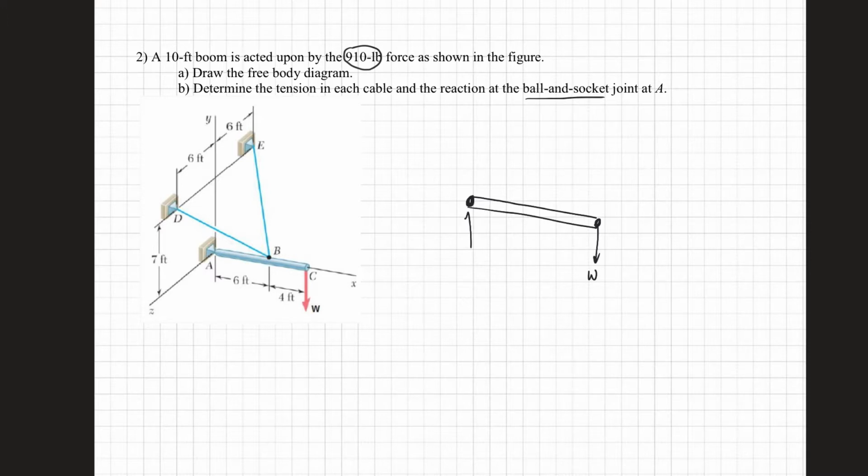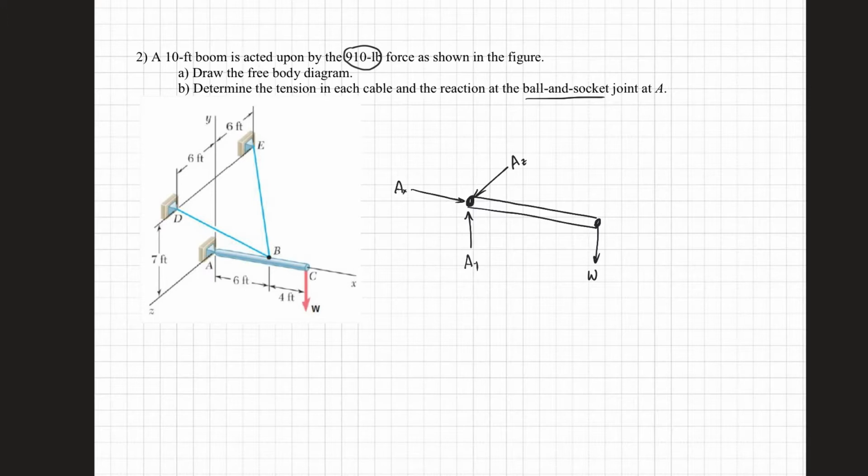So in this direction we've got a Y. We've got 3 directions at the joint here. See here, this is going to be the AZ direction. And then we're going to have AX, which of course is the hardest one to draw in this case. So that's AX. Then we're going to have these tensions.